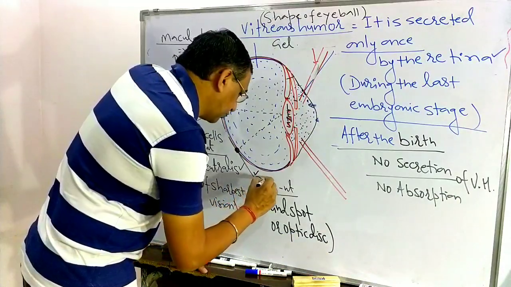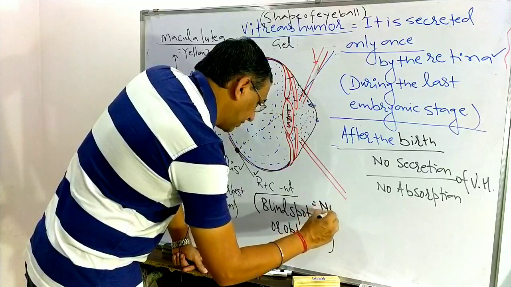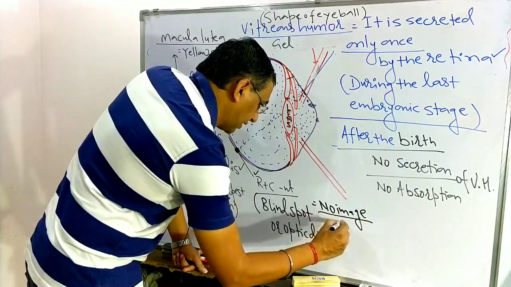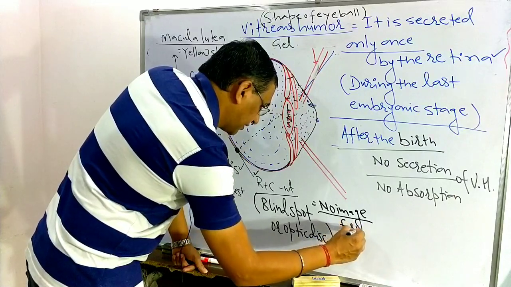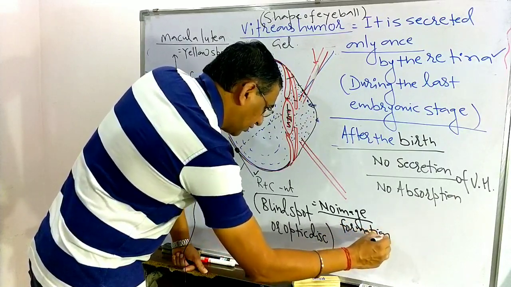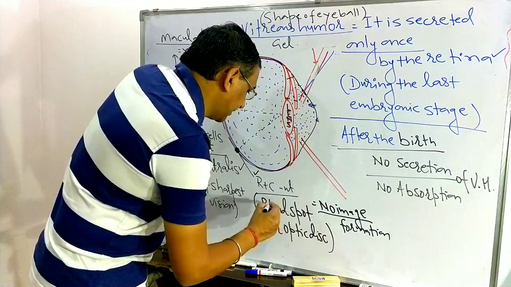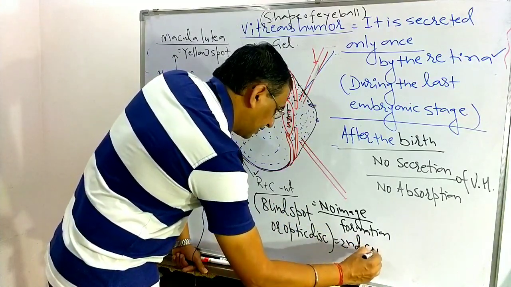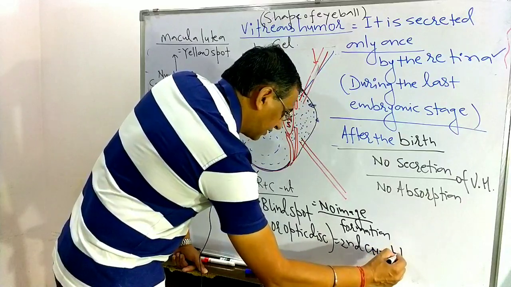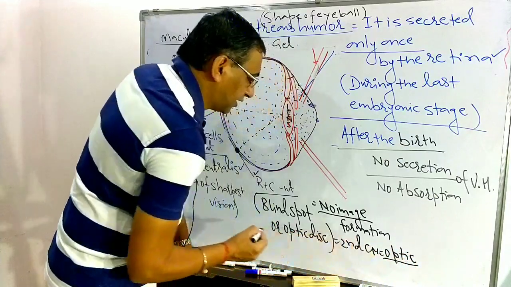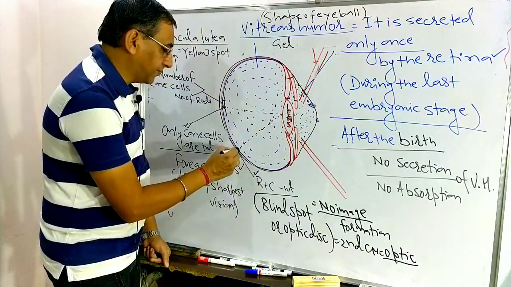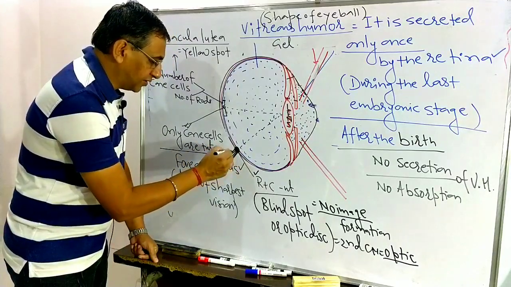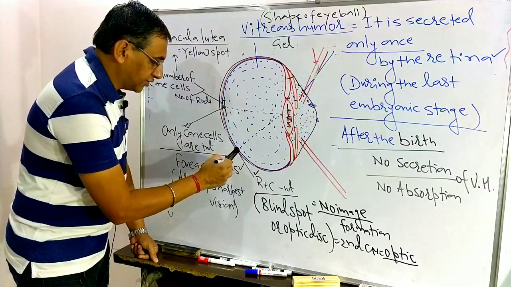As there are no rods and no cones, there is no image formation here. And just see the second cranial nerve, that is the optic nerve.